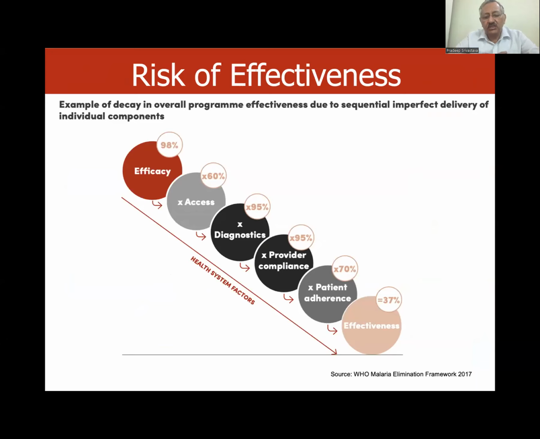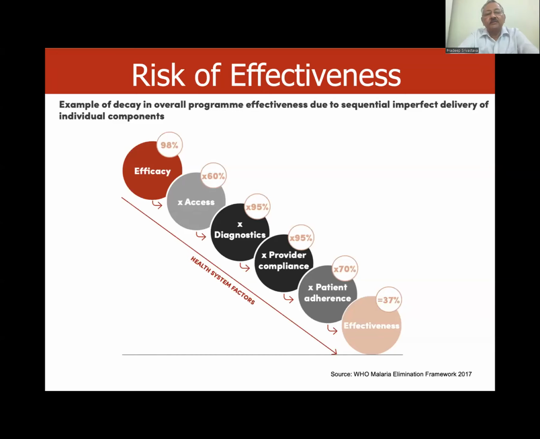Showing this chart is very important for the strategic plan formulation process, because we have to justify and show this. This is basically taken from a WHO framework document given in 2017, but I have translated it into this.